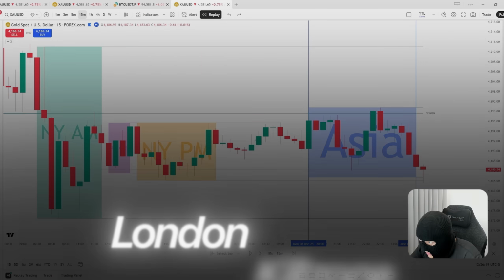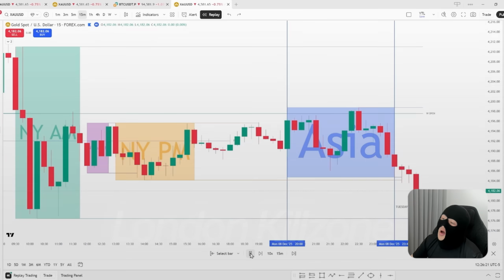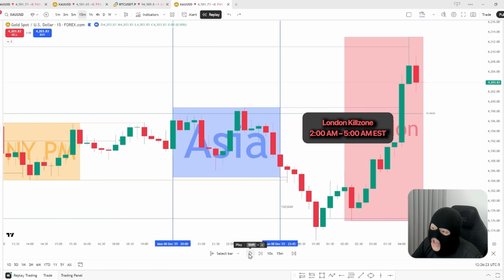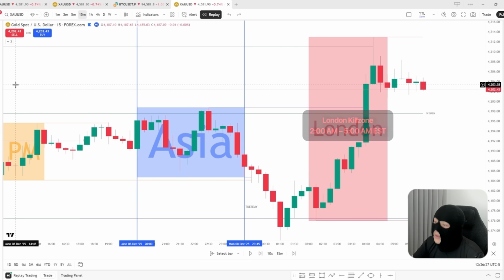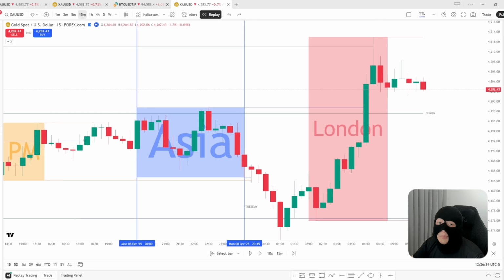Onto the London kill zone. This happens from 2 a.m. EST to 5 a.m. EST, Eastern Standard Time. During the London kill zone, there's going to be higher volatility expected for the following pairs: the euro, the pound, the Swiss franc, and on gold.